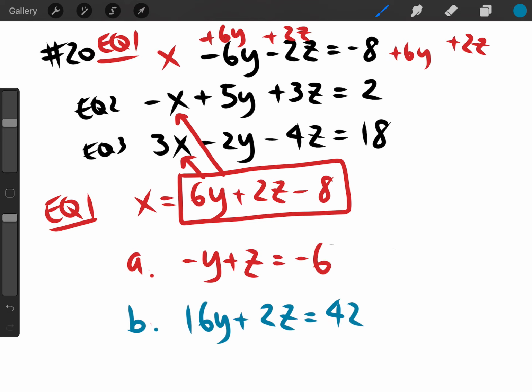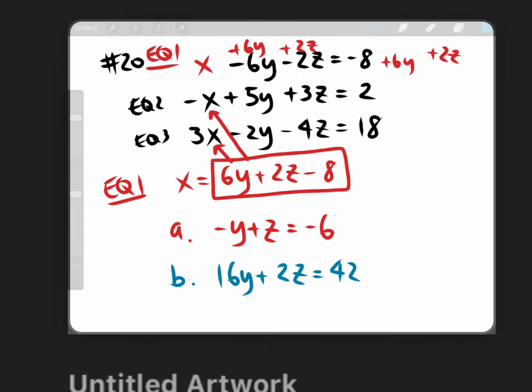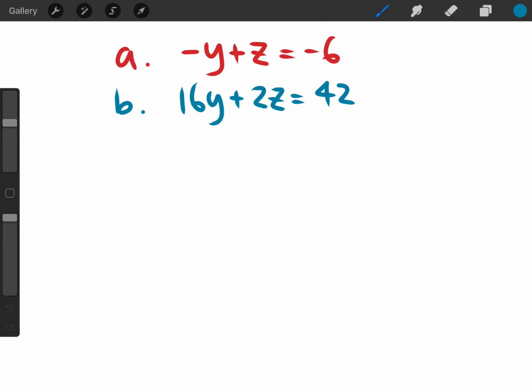So that's a clean look at what's happening after you combine all the like terms. Now let's look at the next slide. This is what you got, and now you want to eliminate one of the two, either y or z, so you can get the actual value for one of the variables. Obviously you want to look at the z.